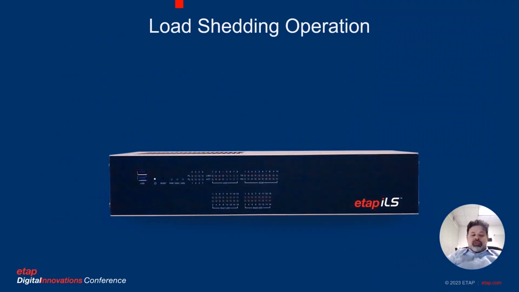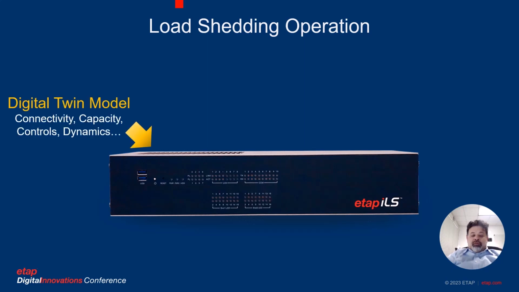The operation of the load shedding system in ETAP is as follows. First, we load the digital twin model of the electrical network. This digital twin model is built in the ETAP software. That model contains connectivity, capacity of every single component in the system, and includes control models of generators, governors, exciters.